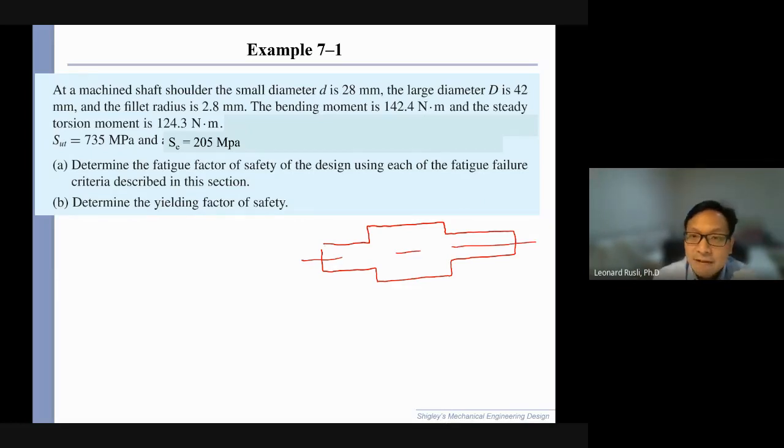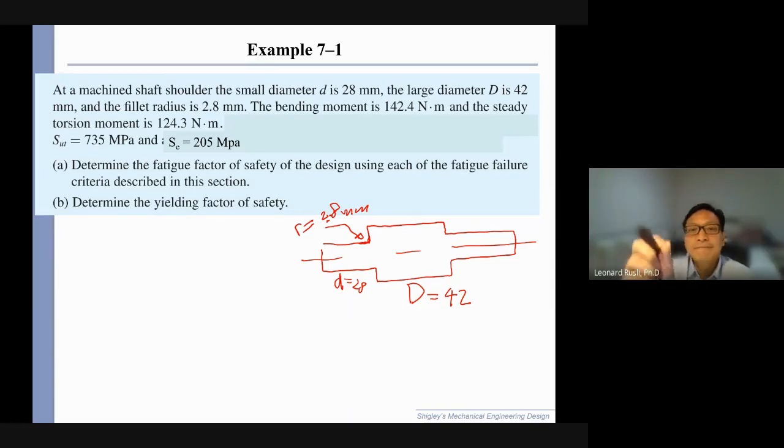We have the small diameter d and the big diameter D. All right, this is 28 and 42 millimeters. Each one of these has to be calculated later in meters. Even though I don't show it here, the fillet radius r is 2.8 millimeters.